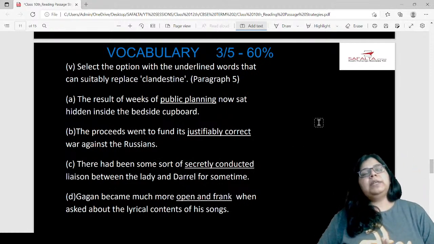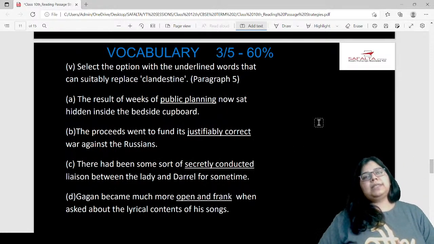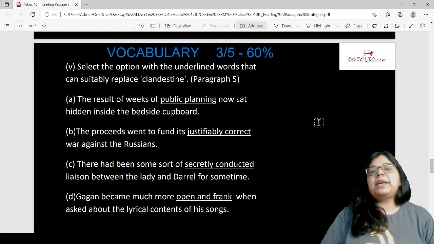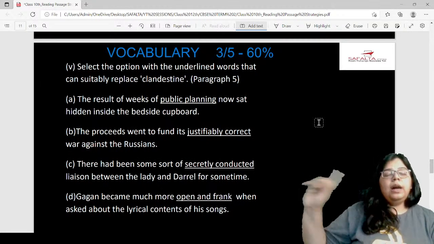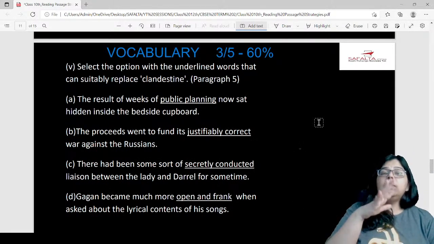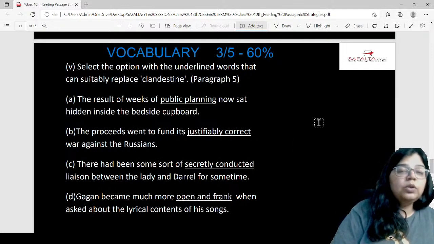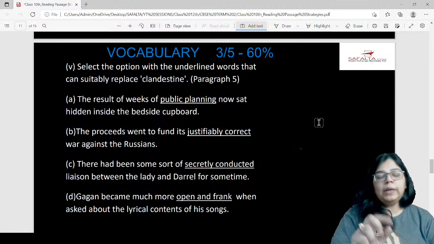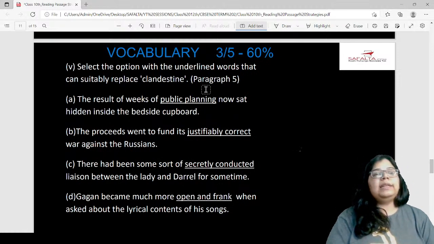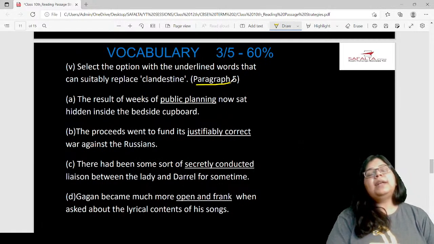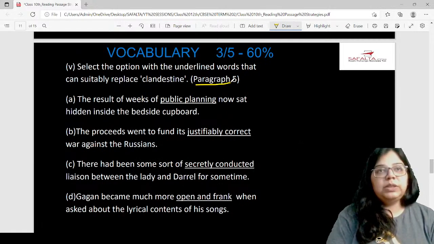Especially last minute preparation has to be strategy based. The strategy is to get maximum marks. We are not looking at 100 out of 100. We are looking at the maximum marks that we can get. And with this video, I want to reach out to those students who have a problem in reading passages. Now in the vocabulary related questions, one thing please understand: the paragraph number will always be mentioned.